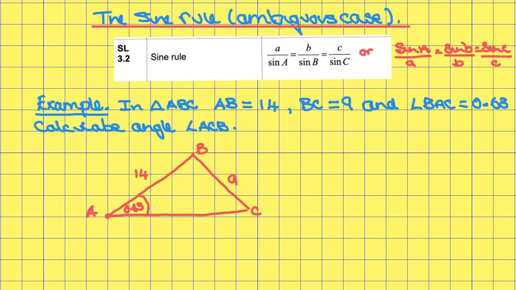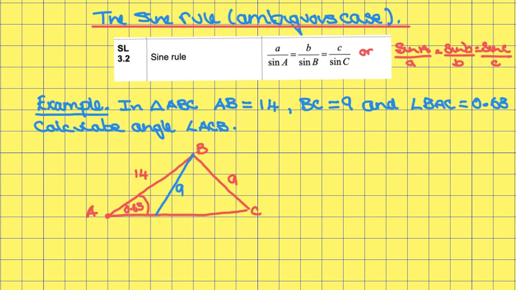But somebody else might come along and say, no, my triangle doesn't look like that. Let's change colour. My triangle goes AB is 14, but BC this time I'm going to bring down here, and it is still 9.